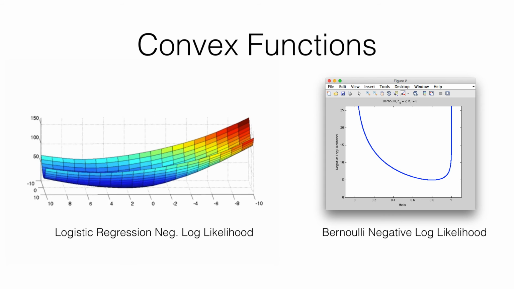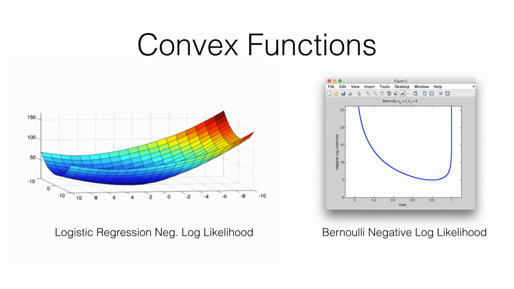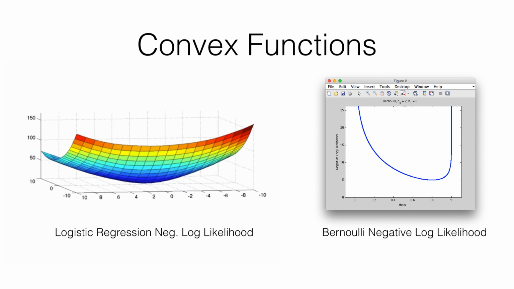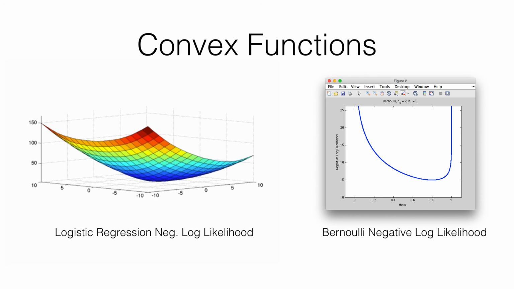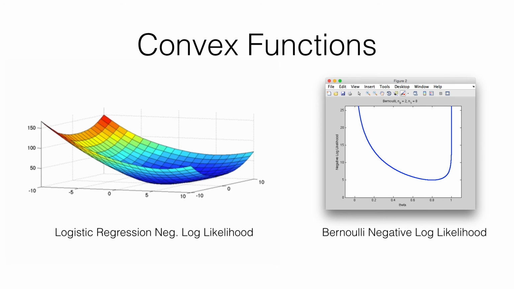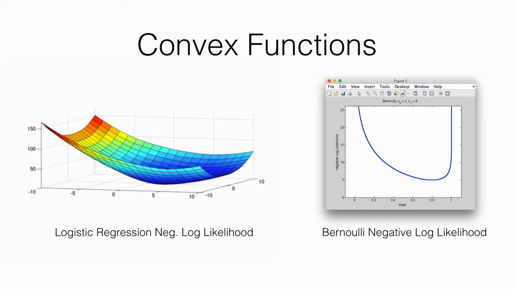It actually should look a lot like a quadratic function. But there's a little bit of a skew, a shape that's created by the logistic regression likelihood. But once you get far away from zero, the quadratic really takes over. And you probably have seen before how quickly a quadratic function grows as you increase the quantity being squared.